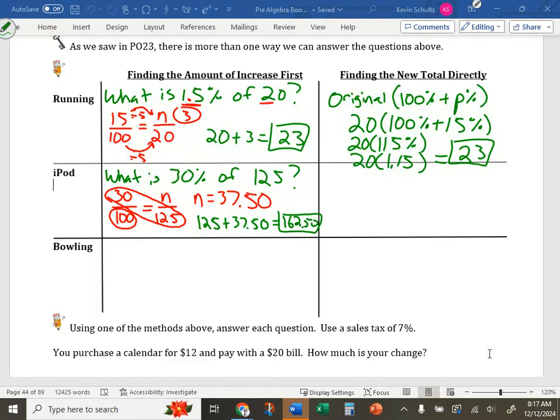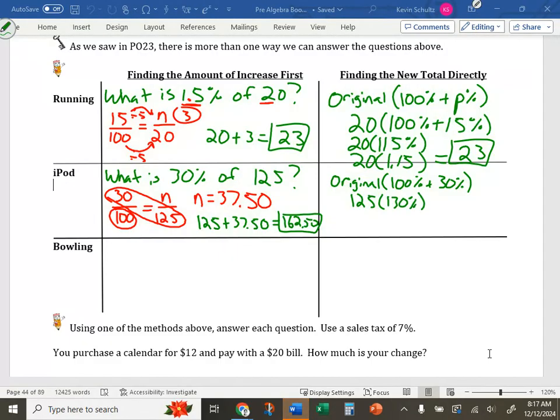Okay? Going with the new total directly, and again, you probably don't need all of this work written out, but it's the original times 100% plus 30%. I guess I could have filled the original in first. 125 times what? What's 100% plus 30%? 130%.